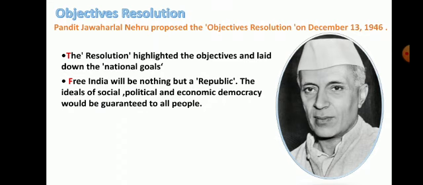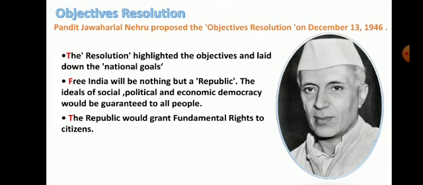Like free India will be nothing but a republic. The ideals of social, political and economic democracy would be guaranteed to all people. The republic would grant fundamental rights to citizens.